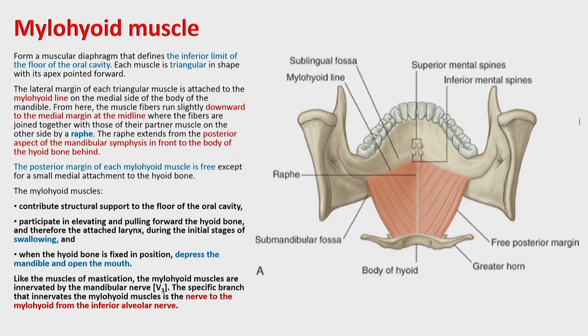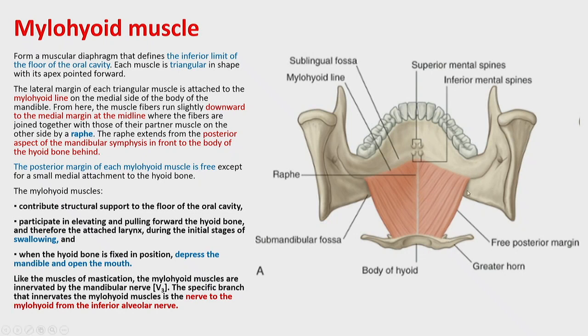As you see, the posterior margin of the mylohyoid, here and here, is free. Through this posterior margin, there is a communication from outside to the inside of the oral cavity. This is the main source of the spread of infection from the oral cavity to the outside, or from outside to the oral cavity.